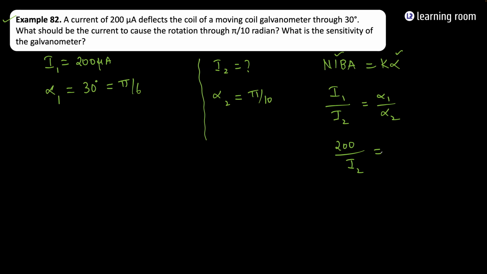So you're going to get 10 by 6, or 5 by 3. So 5 will cancel 40 times, and I2 is going to be equal to 120 microampere. Makes sense. It is lesser than 200. That's the answer. Did you understand how to think?